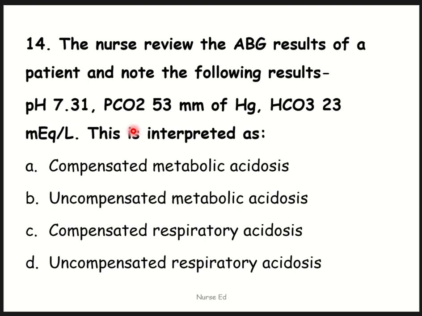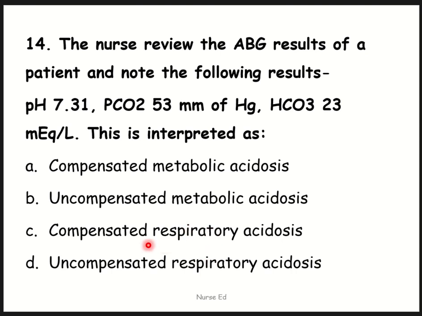Then PCO2 is 53. What is normal PCO2? 35 to 45 millimeters of mercury. Here it is high. So increased PCO2 and decreased pH show it is a respiratory acidosis. So you fix it as respiratory acidosis. You have got two options of respiratory acidosis.